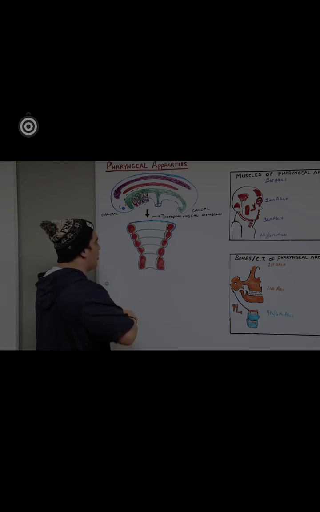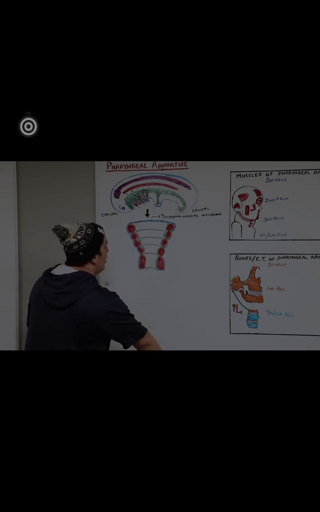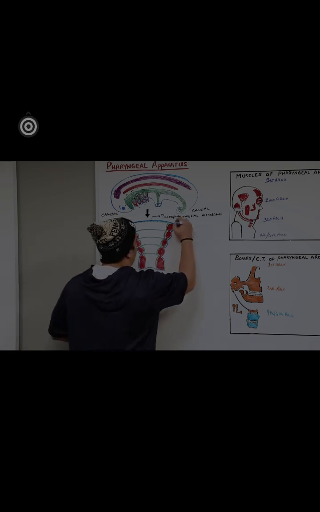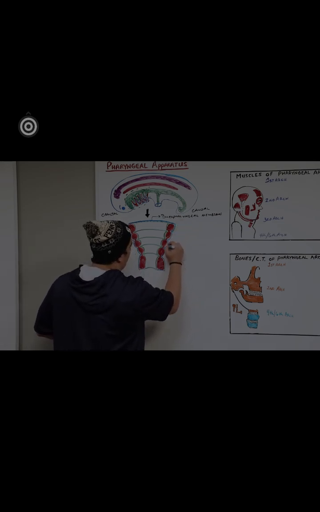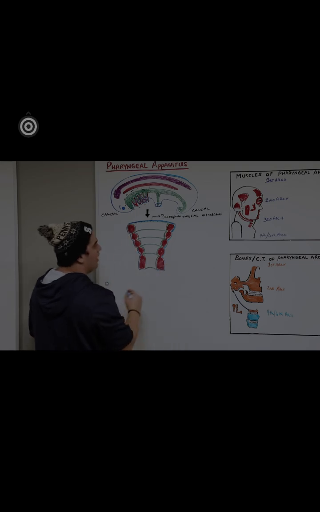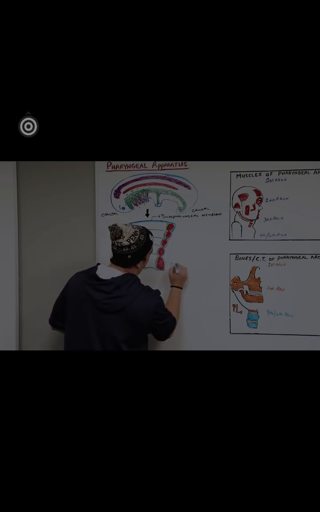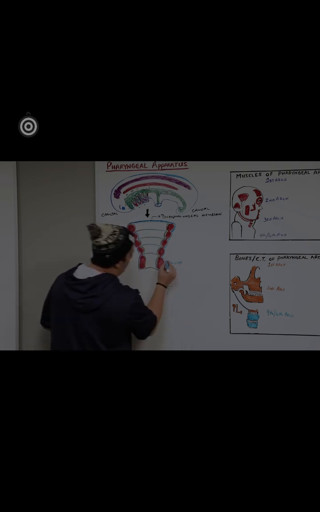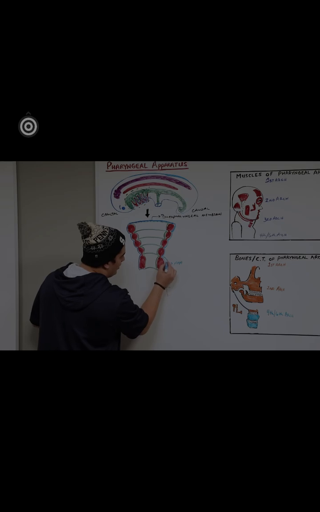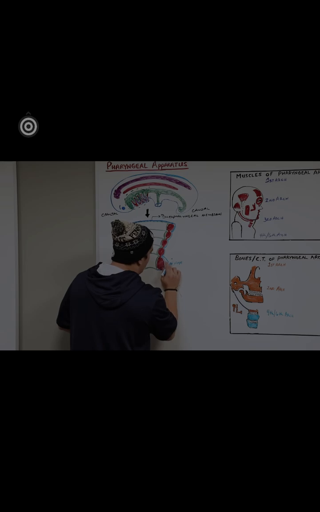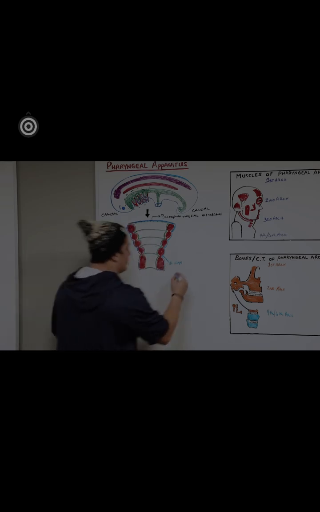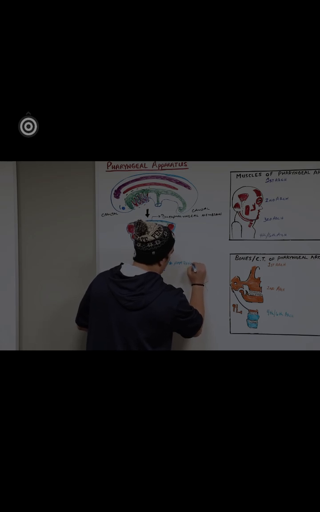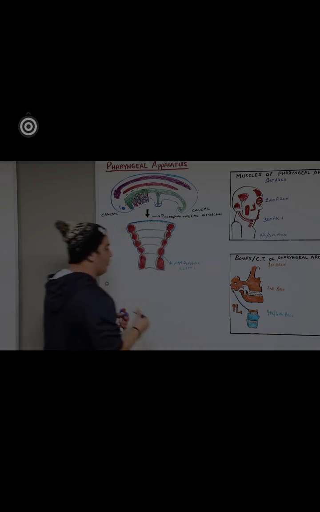Now, there are a couple of different components of the pharyngeal apparatus. The first one is this nice layer of blue on the outer parts. You see these little divots in the pharyngeal apparatus right here? Those are going to give way to what's called your pharyngeal clefts, or sometimes the pharyngeal groove.